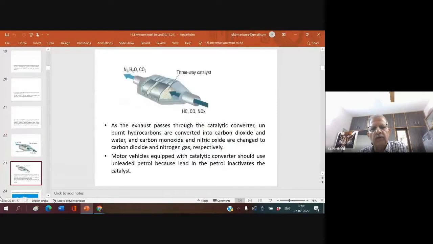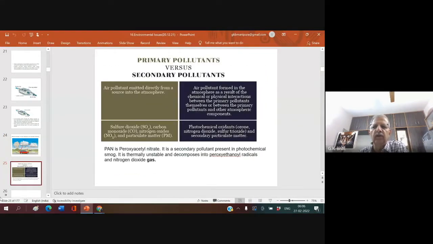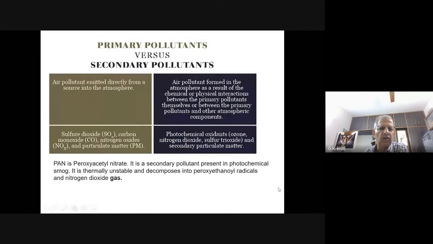Primary pollutants are the pollutants that are formed from the natural sources, whereas the secondary pollutants are formed by the interaction of the natural pollutants with the components of the atmosphere. And I also told you to remember the word PAN, the full form of that PAN, that is peroxyacetyl nitrate.